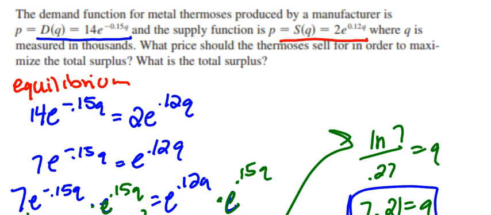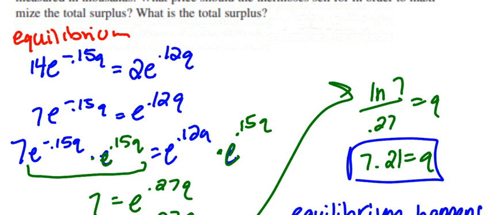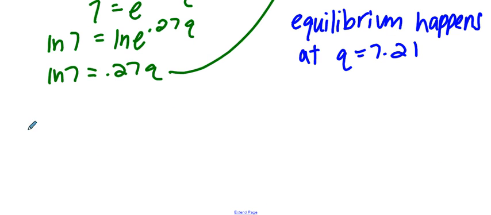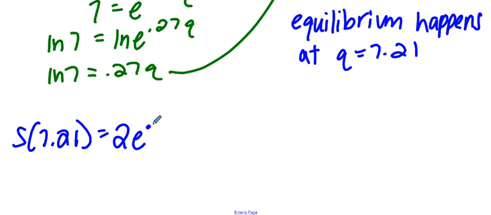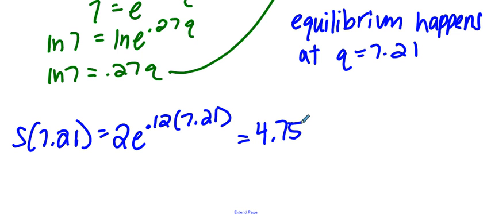You will get the same number if you pick the demand function. So I'm going to do my supply of 7.21 equals 2e to the 0.12 times 7.21. And when you type that in, you get like 4.75. So this company should sell their thermoses for $4.75.